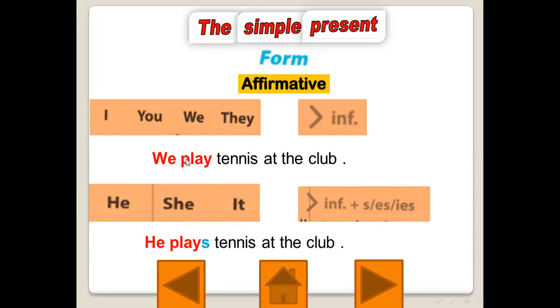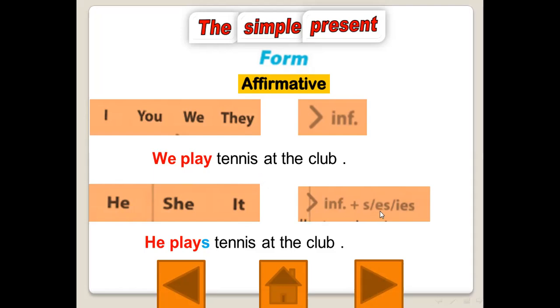But what is the difference between these two sentences? Here the subject pronoun is we, but here the subject pronoun is he. So when we use we, we use the infinitive, but when we use the subject pronoun he, we use the infinitive plus s.